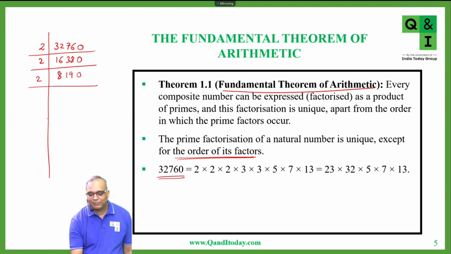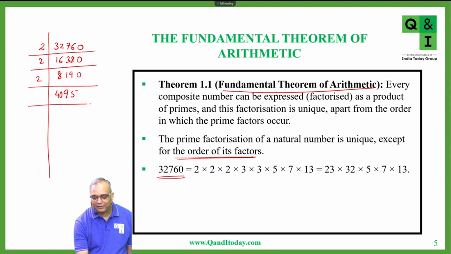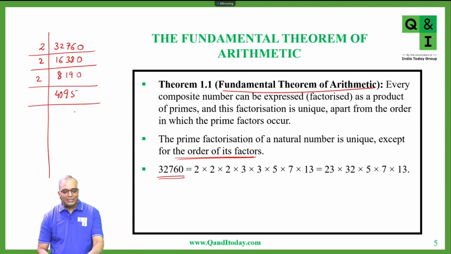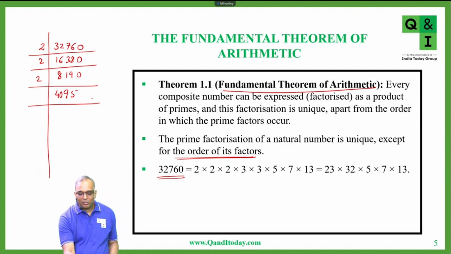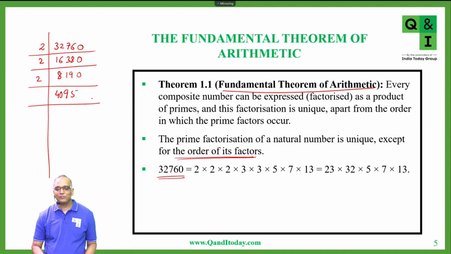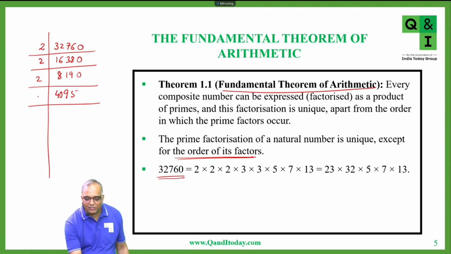Again, you divide it by 2. So this is 4095, right? Now this number cannot be divided by 2 because it ends with 5. So let's check the divisibility by 3. For 3, we know that the sum is 9 plus 5, 14 plus 4, 18. So it can be divisible by 3.